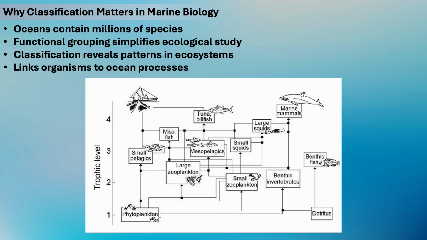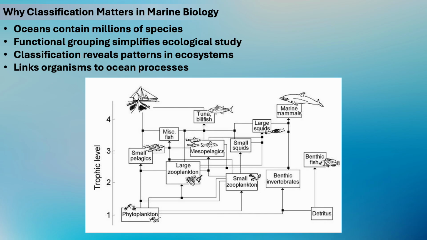For example, organisms that drift with ocean currents experience the environment very differently from organisms that actively swim through the water column, or those that live attached to the seafloor. These classifications also help us identify patterns in marine ecosystems. Many ocean processes affect entire categories of organisms simultaneously.